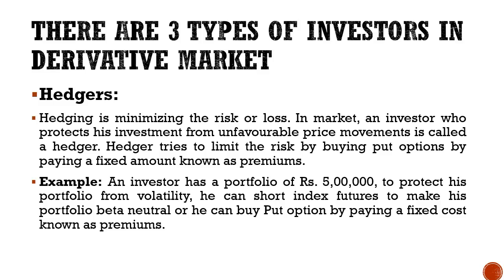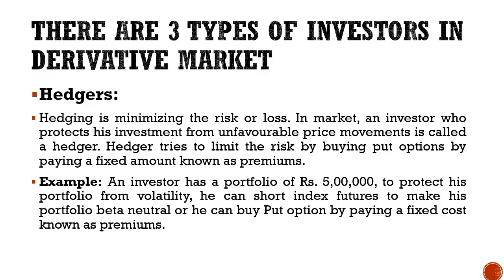So a hedger can use either short index futures or put option in order to save his investment from the volatility of the market. So this was the second type of investor in derivative market.